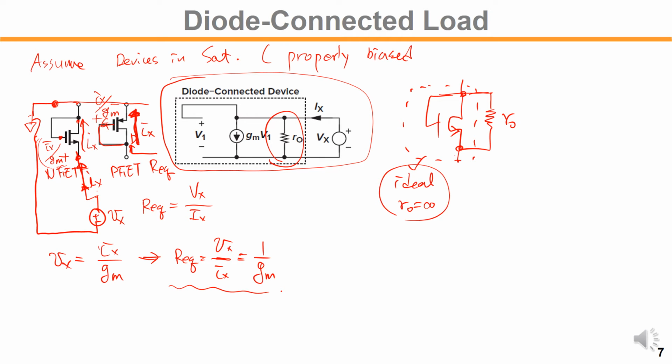So we take out the RO as a non-ideal effect, and we placed it in parallel like this. Then this model is exactly the same as what?